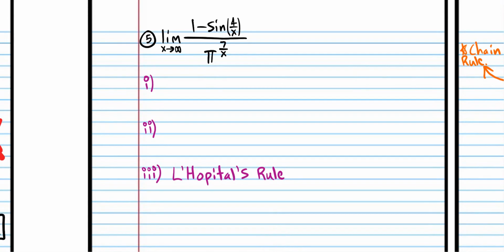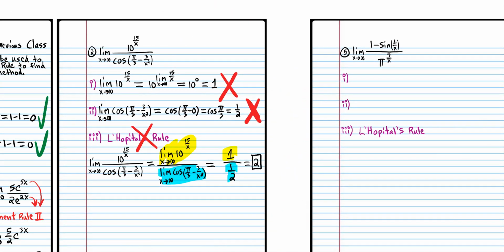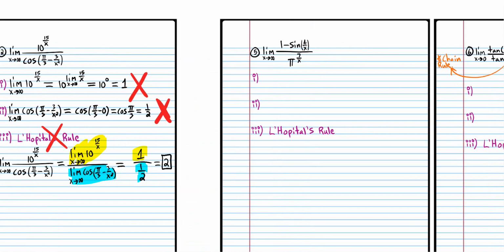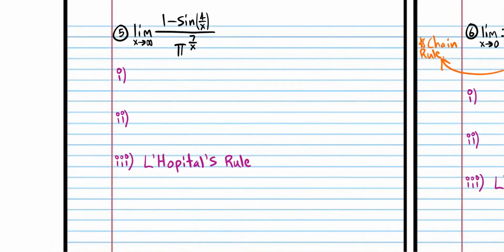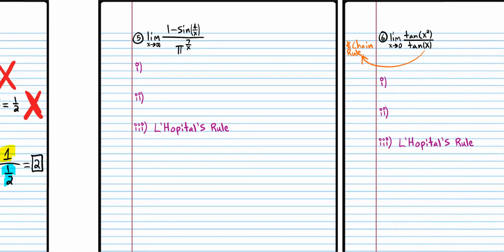Now for number 5, we're not going to be able to use L'Hopital's rule, so I want you to explain to me, as we did in this problem over at the left, why we're not able to use L'Hopital's rule, and then find some other way to find the limit. You could use the limit laws, limit law number 8. You're not going to be able to use algebraic manipulation for any of these problems, but try number 5, and when you come back, we'll do it together.